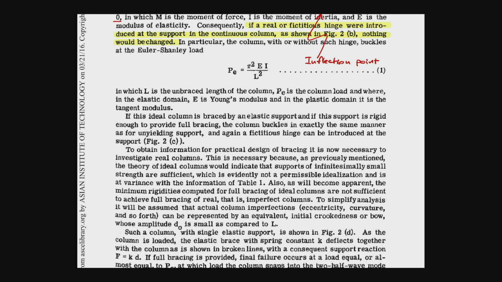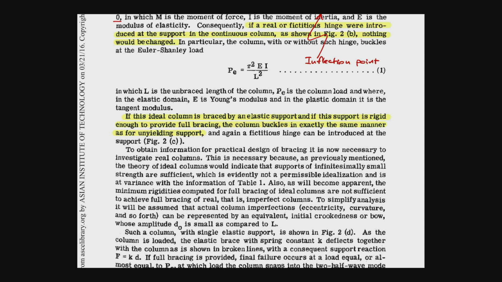If the ideal column is braced by an elastic support, and if this support is rigid enough to provide full bracing, the column buckles in exactly the same manner as for an unyielding support.